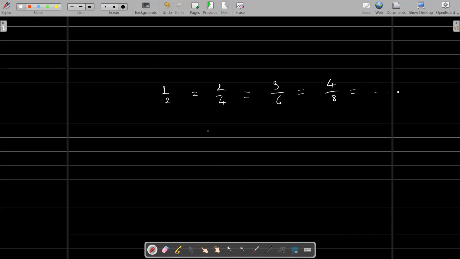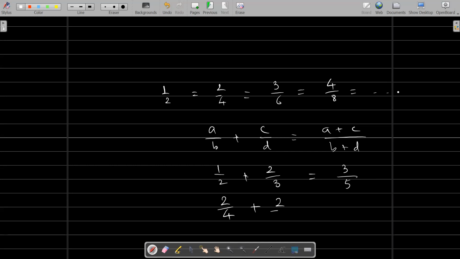Now suppose I define my addition this way: a by b plus c by d is equal to a plus c upon b plus d. For example, take half plus 2 by 3. According to my definition, it will be 1 plus 2, 3, upon 2 plus 3, 5. So that would be one answer. But somebody may say, instead of half I'll take 2 by 4, that's more convenient for me.